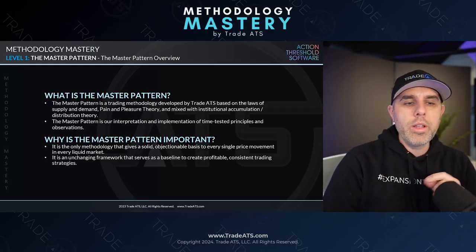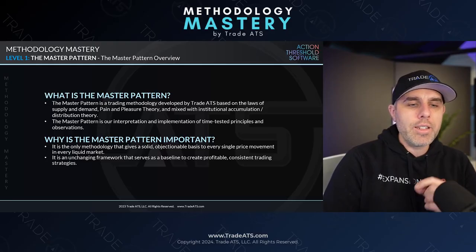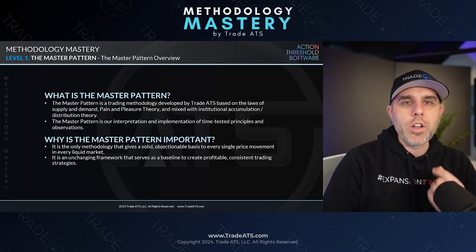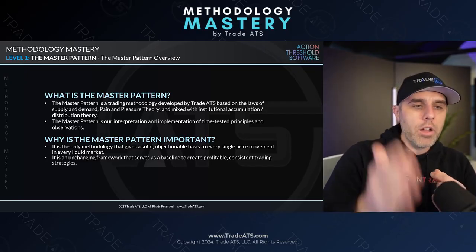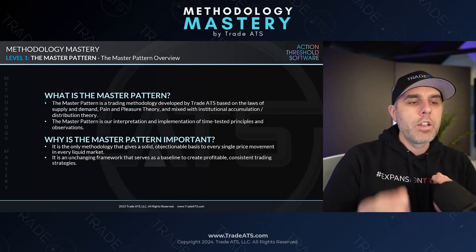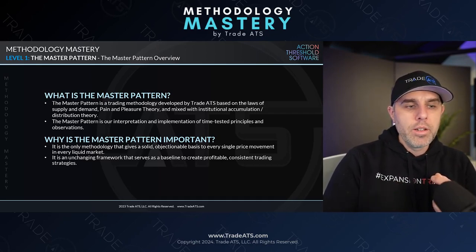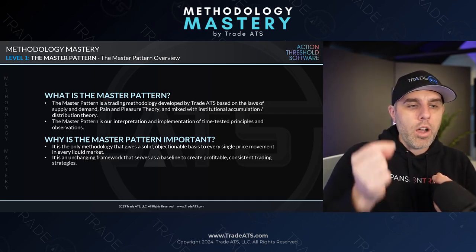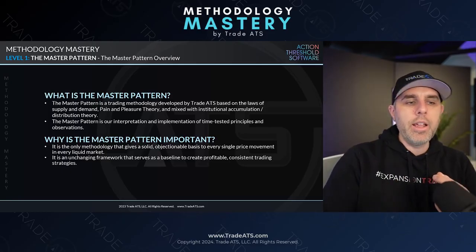This is one of the only methodologies that gives you that static, consistent framework. A good strategy is built off constants in the market, something that you can constantly count on. And it could be something very, very simple. Contraction is very simple at its core, and it's constant. It happens every day on every time frame over and over and over again.